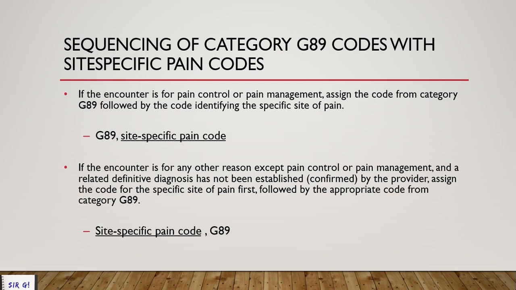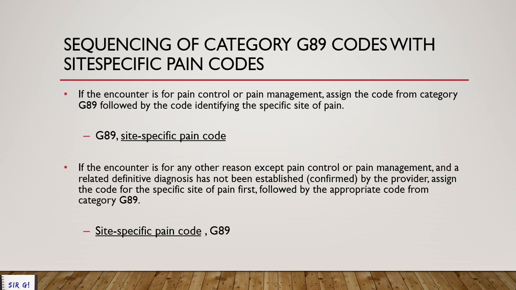Sequencing of category G89 codes with site-specific pain codes. If the encounter is for pain control or pain management, and there's also a site-specific pain code available, code G89 first, then the site-specific pain, like M54.5, your low back pain, or for example neck pain or chronic neck pain.